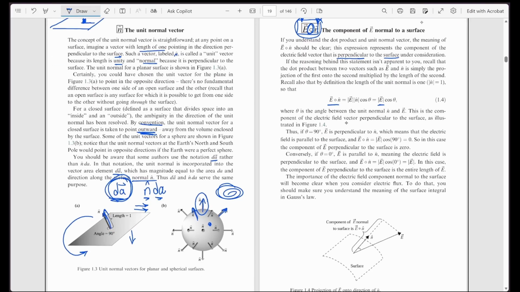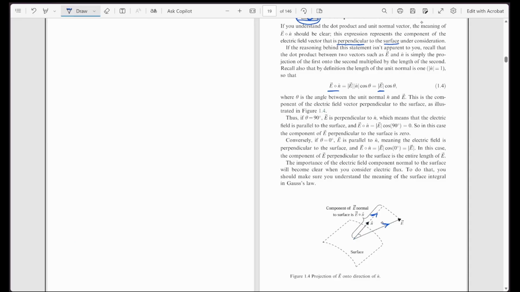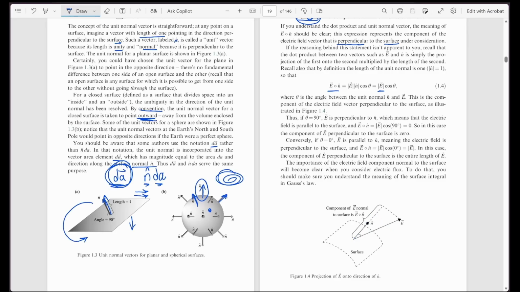This is the component of the electric field vector perpendicular to the surface, as illustrated in figure 1.4. So this is what I was just saying. There's a normal component to our surface, and there's some electric field, so the dot product will give us the electric field that is in this direction. And then it goes on telling us what if the angle is 90 and what if the angle is 0. So let's see if the angle between them is 90.